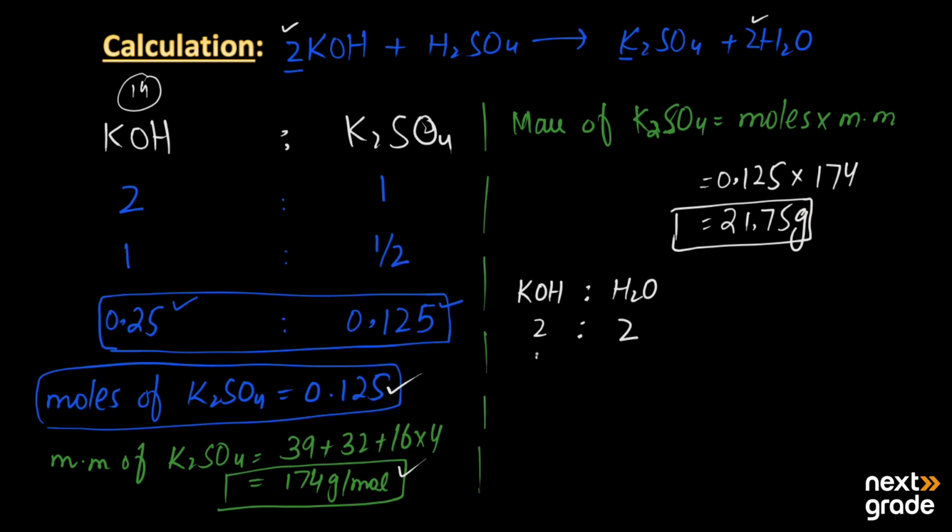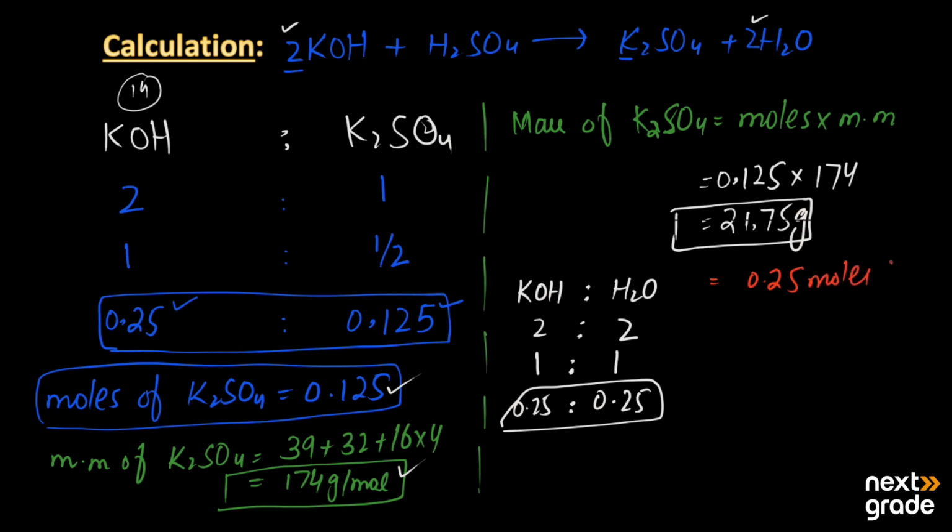So 1 mole of potassium hydroxide produces 1 mole of water, and 0.25 moles of potassium hydroxide will produce 0.25 moles of water. These are the moles of water.